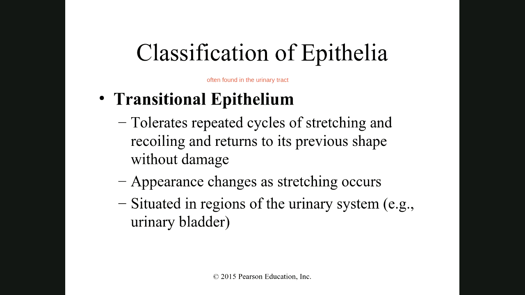Okay, here's urinary bladder. And it's transitional, meaning that in some situations it's flat, and in some situations it's not as flat. And it's true, right? Because if you think about it, the urinary bladder's function is to store urine. And when your urinary bladder has a lot of urine, it's going to distend, right? It's going to get big.